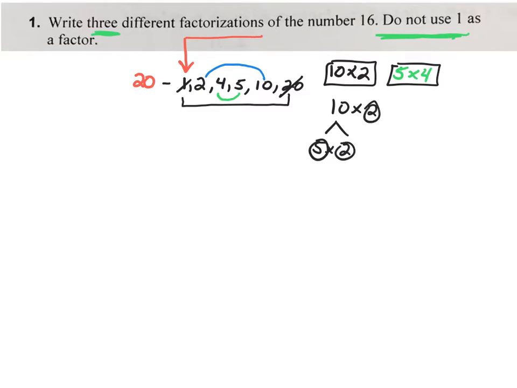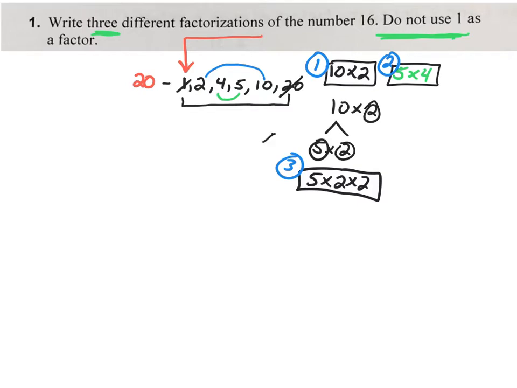So this factorization could be written as 5 times 2 times 2, a string of factors. So do we have our 3? Yes, we have 1 factorization, 2, and 3. That's one way to solve the problem.